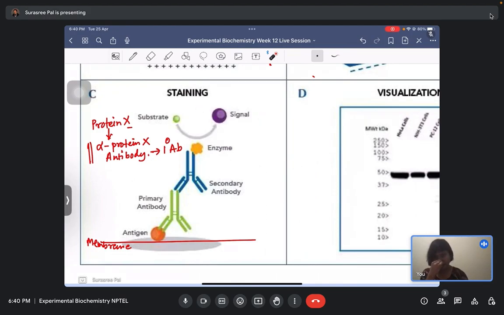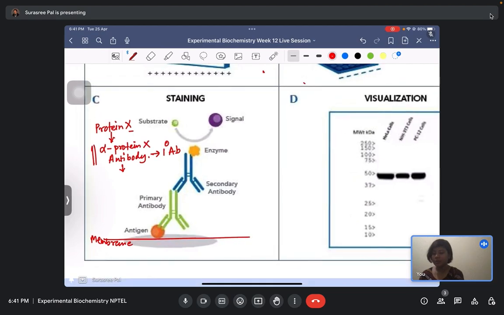It can be colorimetric, it can be chemiluminescence, it can be different types of signal given by the enzyme. So this secondary antibody can recognize the constant region of the primary antibody.